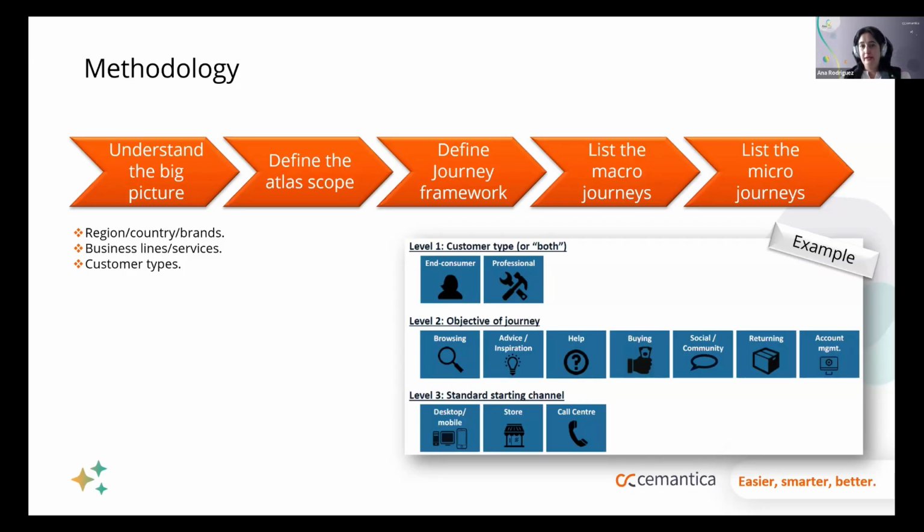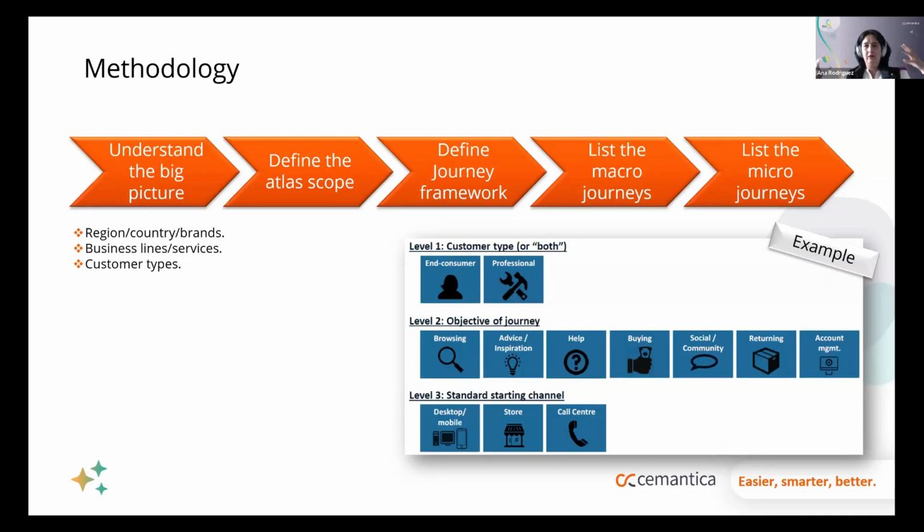What is their strategy? Do they want to create a core group of journeys and then map the synergies between the different markets? Do they want to differentiate completely? Do they have different business lines, different services, different business customer types? This first step will help you to identify the different journey portfolios that you can have in the organization.